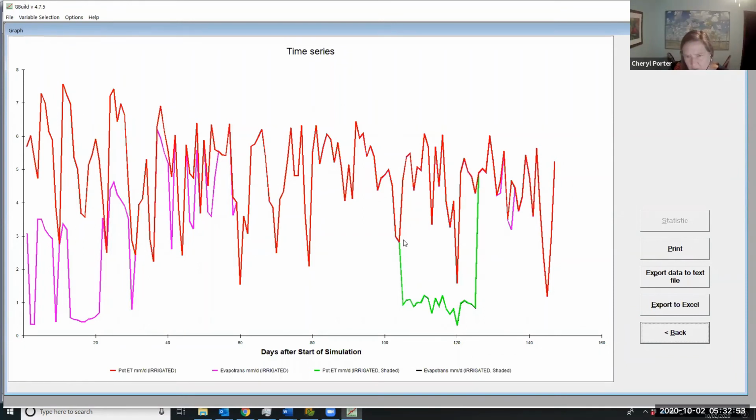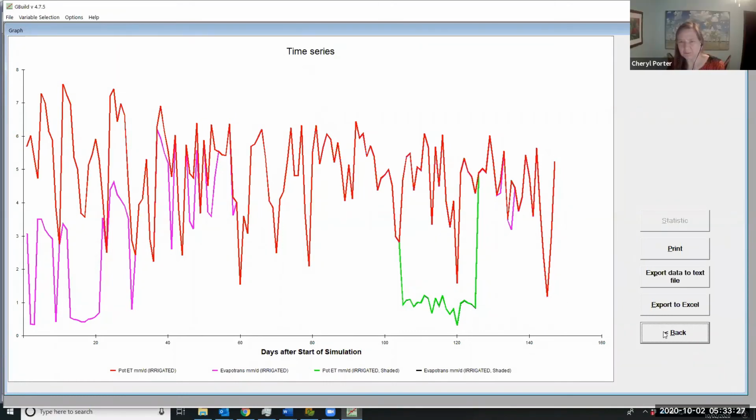We still see only 2 lines here, so I think that the potential and the actual are both this low line for the shaded, and both the same line for the unshaded. Наверное, они находятся друг над другом, что говорит о том, что потенциальная и реальная эвапотранспирация, смоделированная, идентичны.